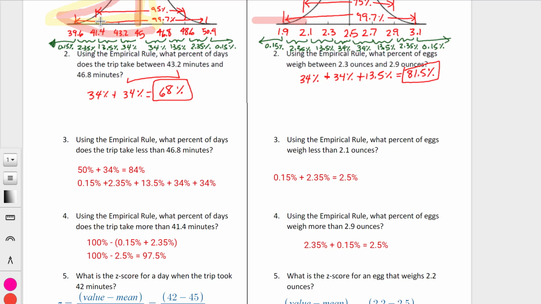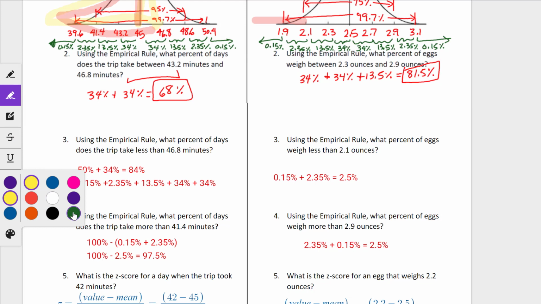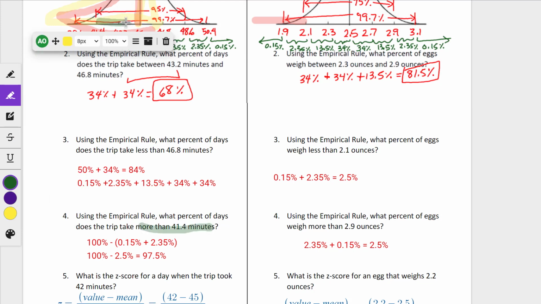That's starting here. If I were to highlight that, let me do a different color. More than 41.4 means I need to add all these pieces right there. So I could go 13.5 plus 34 plus 34 plus 13.5 plus 2.35 plus 0.15.